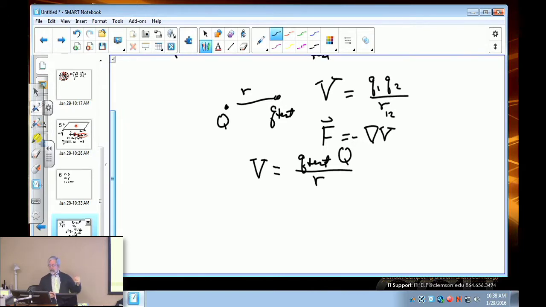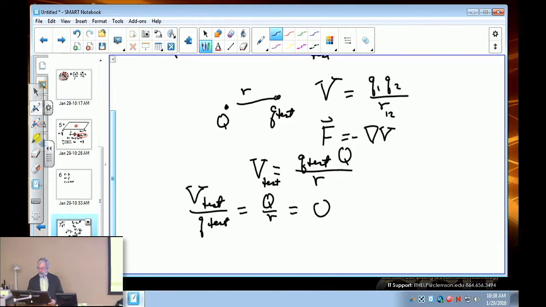And I could find out an associated quantity called phi, which would be the potential energy per charge on the test body. So if I take the potential energy on the test body and divide by the charge, this is something that doesn't depend on the test body. And it is a property of the plana, and I call it the electrostatic potential.